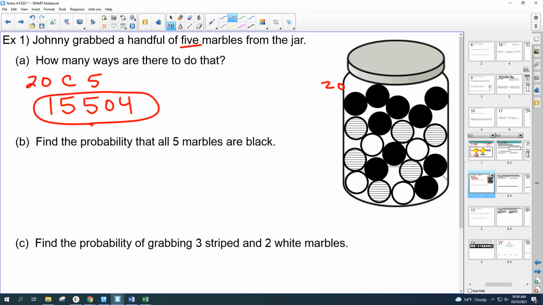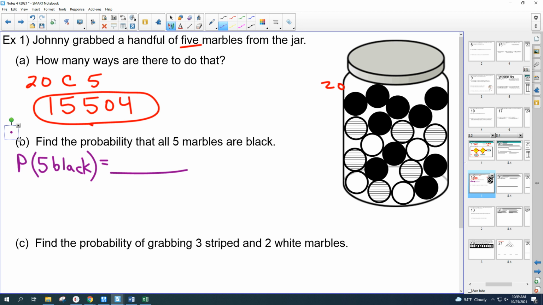Now notice, that is not a probability question. That is a counting question. How many ways are there to do such and such? That's not probability. That's counting. Part B is probability. Find the probability that all 5 marbles are black. So I'm finding the probability that all 5 of them are black. When we talk about probability, we know it's part over total.